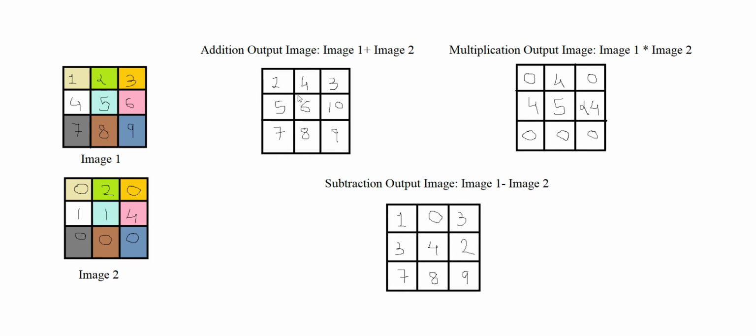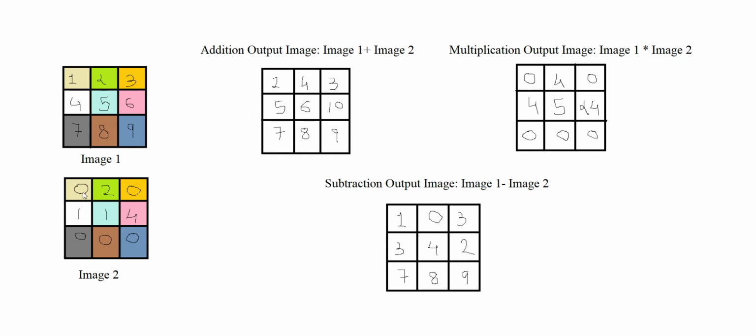This operation is performed pixel by pixel. Actually, all three operations are performed pixel by pixel. Don't worry, don't get confused, I will explain the addition of the images. If I add image 1 to image 2, so image 1 plus image 2, each pixel is added to the corresponding pixel of the other image.